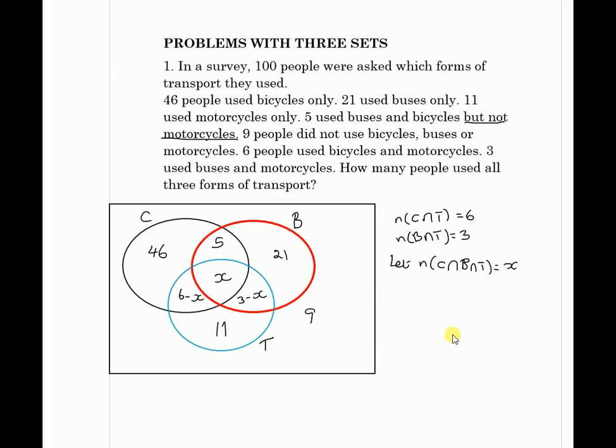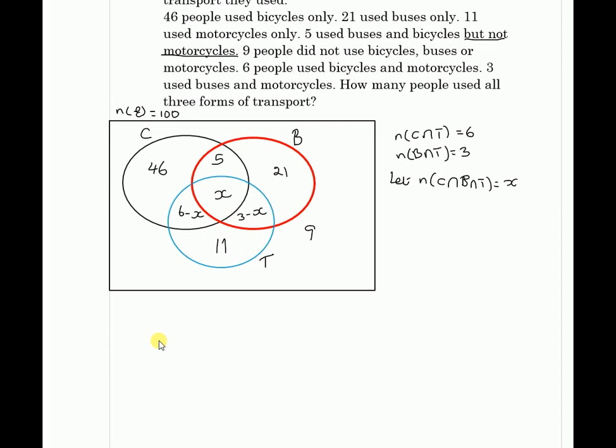Then they ask how many people used all 3 forms of transport. We have just assumed it to be X. And now they gave us this universal set. This one is 100. Now let us add everything inside the quadrilateral and equate it to 100.